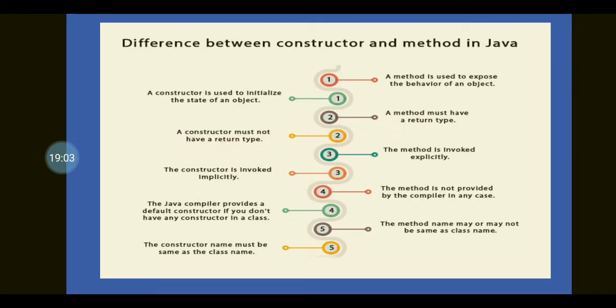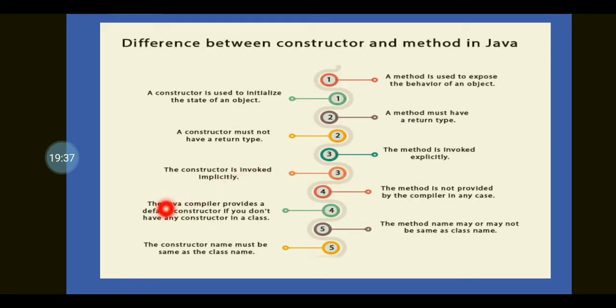A method must have a return type; if it does not return any value, we have to specify void. The constructor is invoked implicitly: whenever the object is instantiated, the constructor is called automatically. The method has to be invoked explicitly with the help of an object. If it is a normal method, we have to invoke it with the help of an object. If it is a static method, we can invoke it without an object.